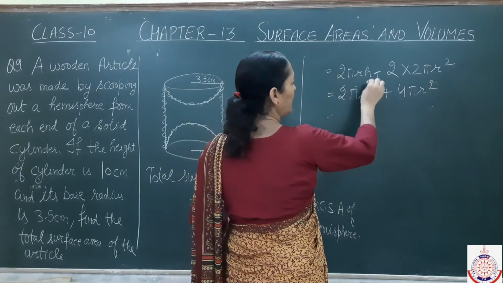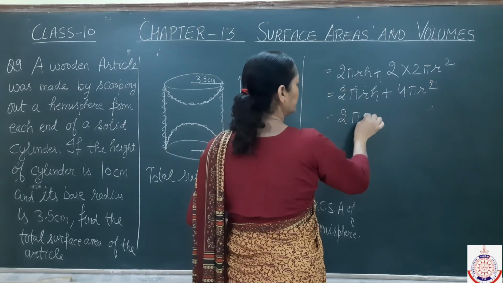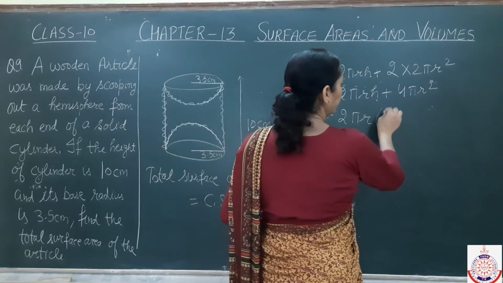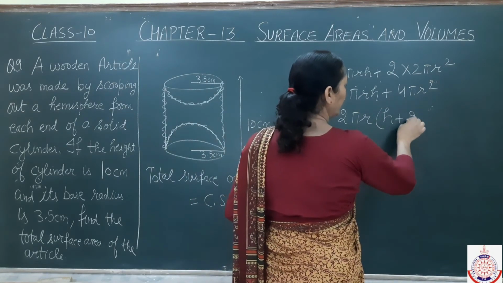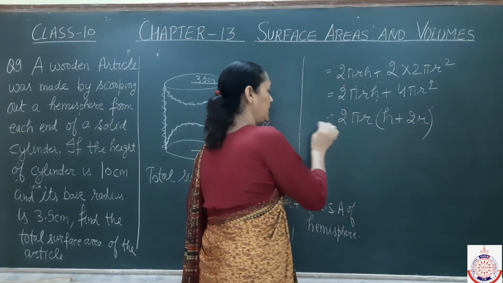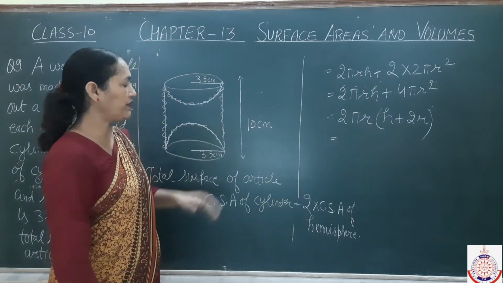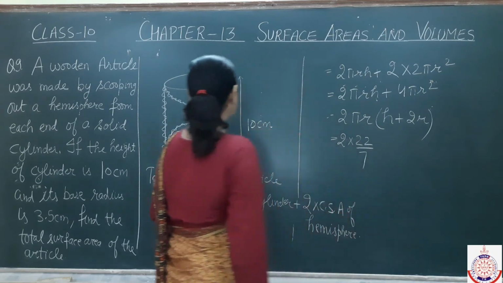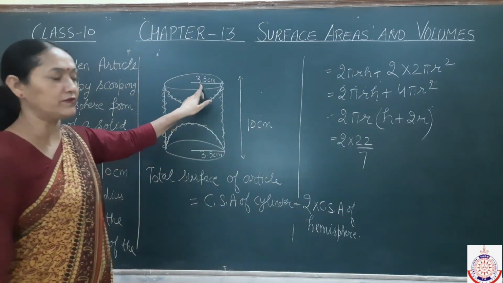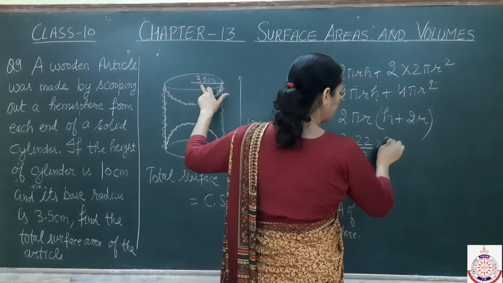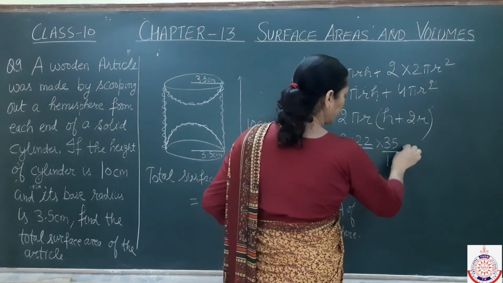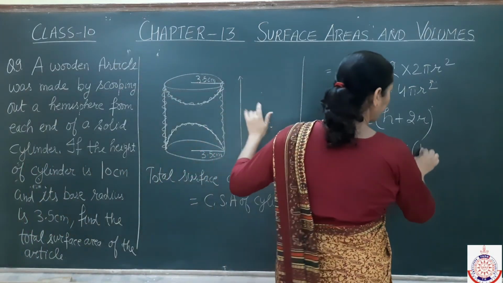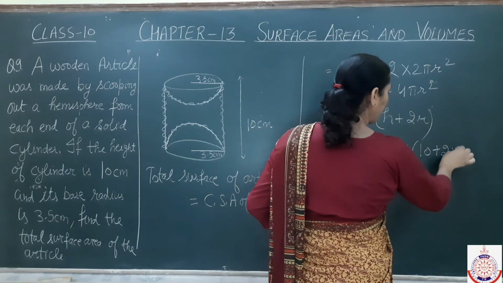2 pi and R can be taken common. So here we will be left with H, here 2, and R. Now putting the values, 2 into 22 by 7. The radius is 3.5 centimeter, which is 35 upon 10, into, H is 10 plus 2 into 3.5.